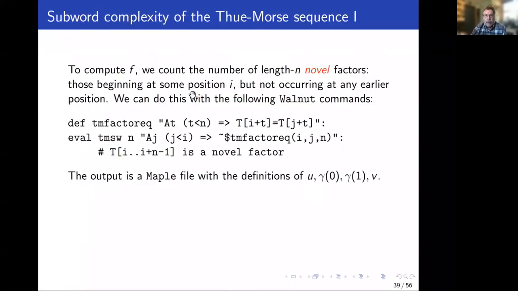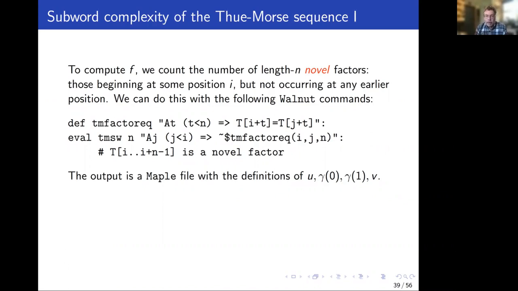What we do is, to compute this f, we're going to count the number of length n novel factors. And what do I mean by novel factors? I mean those beginning at some position i, but not occurring at any earlier position. So that means, as you read from left to right in the sequence, this is the first occurrence of this particular factor.